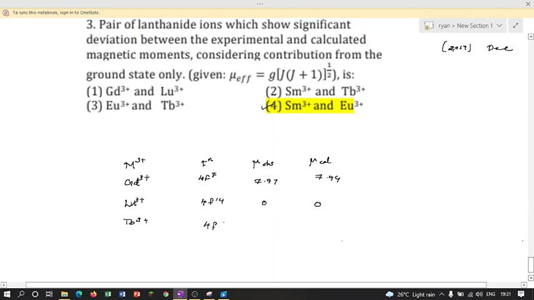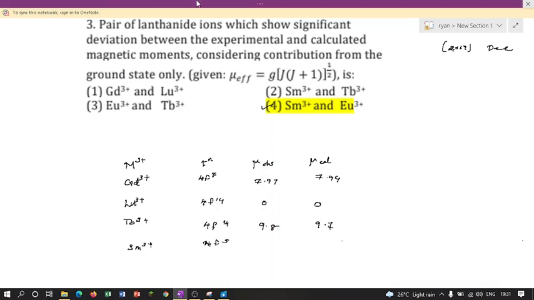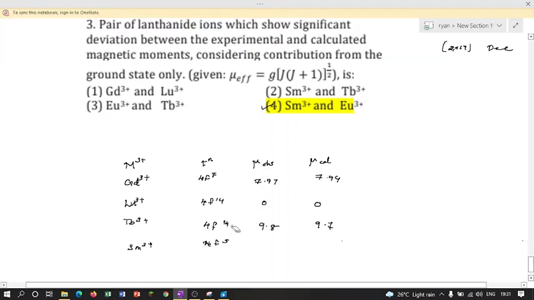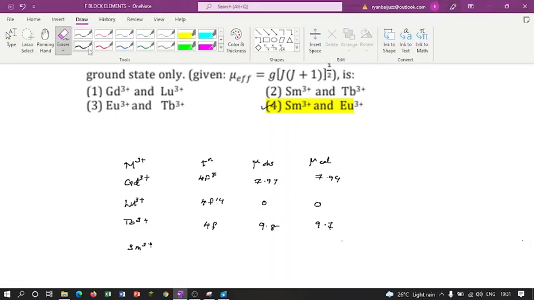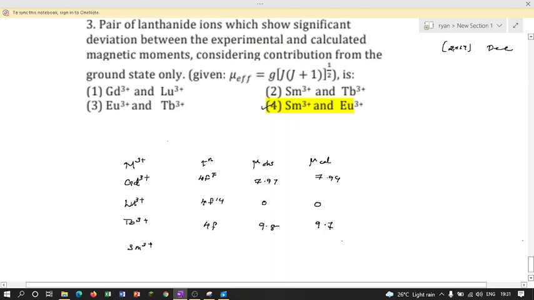Here 4f8, here 9.8, this is 9.7. Next is a 3+ ion, 4f5.